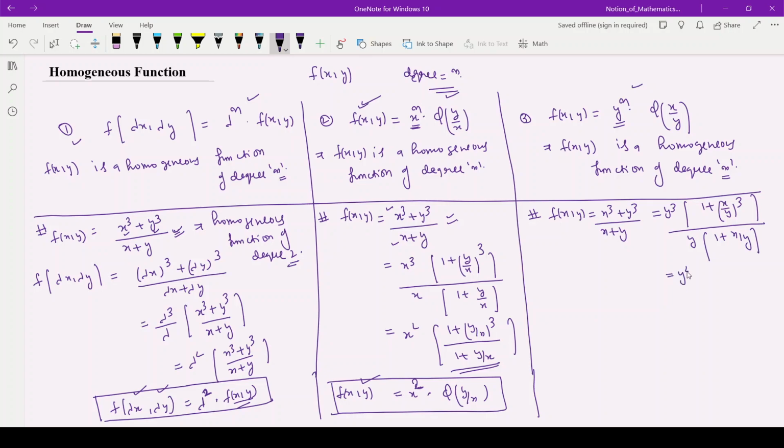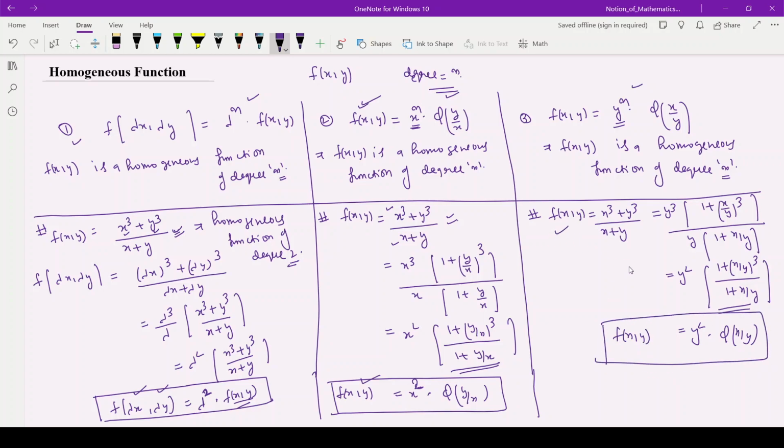Or students, it may be written as y square into (1 plus x upon y) whole cube upon (1 plus x upon y). So students, if you observe it, it is just a function of x upon y, that is y square into a function of x upon y, and it is equal to f(x,y). So in this way as well, the given function is a homogeneous function with degree 2.